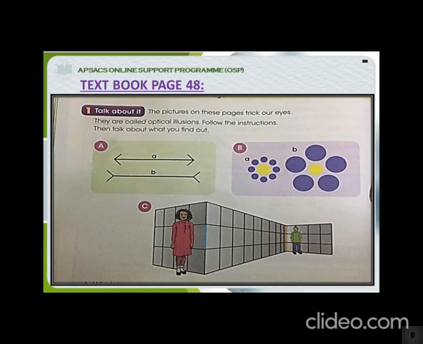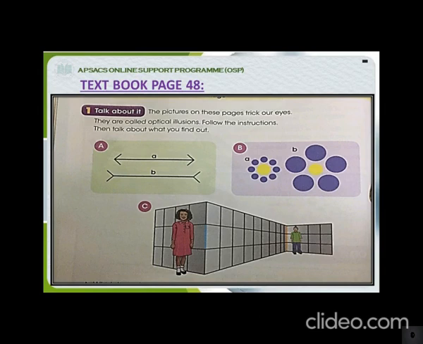Now look at picture B. Look at the yellow circles. Are they equal in size? I think you are thinking that yellow circle A is bigger than yellow circle B. But it is not actually the case. Use your scale again to measure it and get amazed that both the circles are of the same size.